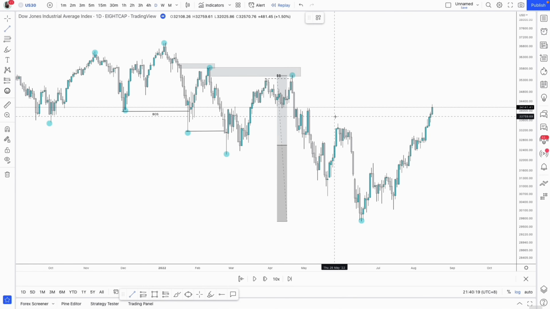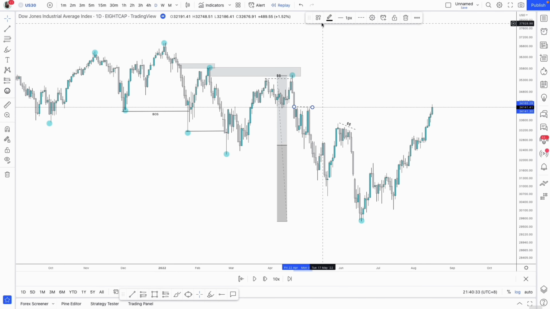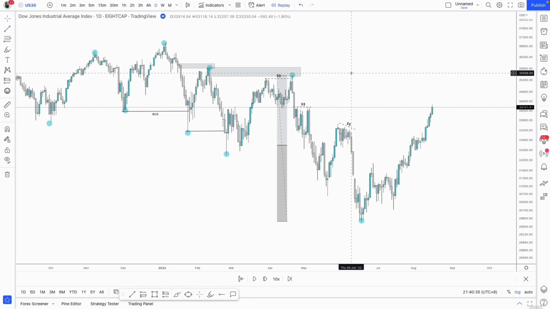First thing that I see always is levels of liquidity. So I knew that this right here was buy side liquidity, so not to get involved anywhere near this level. I also then went on to see that this right here is buy side liquidity, so I didn't go anywhere near this level.